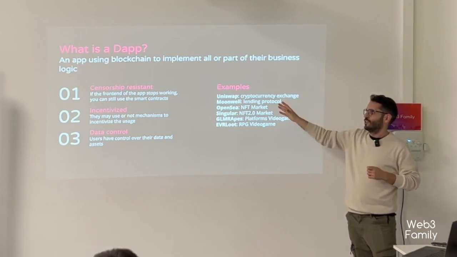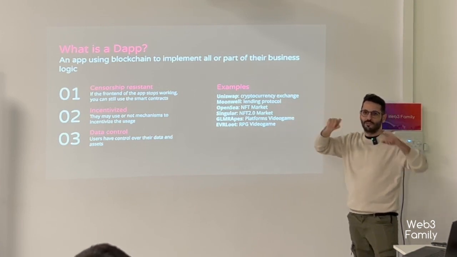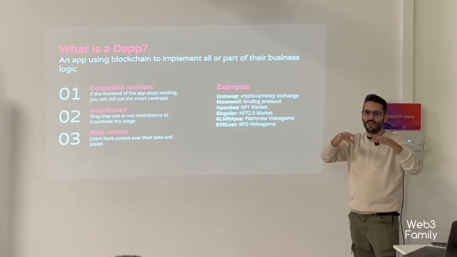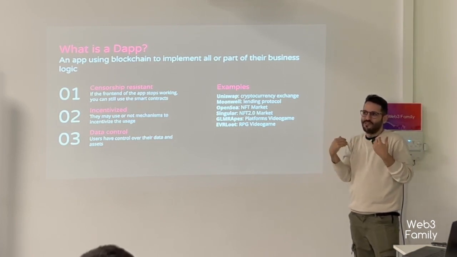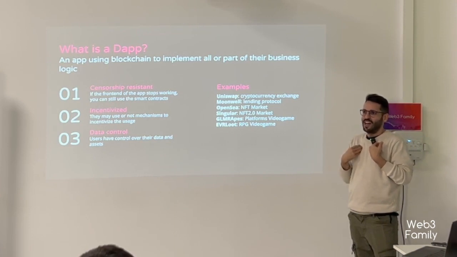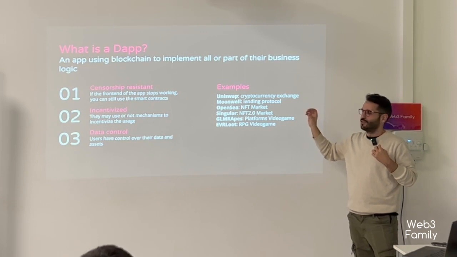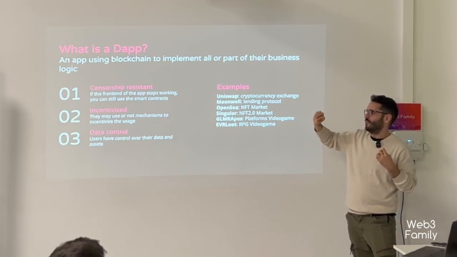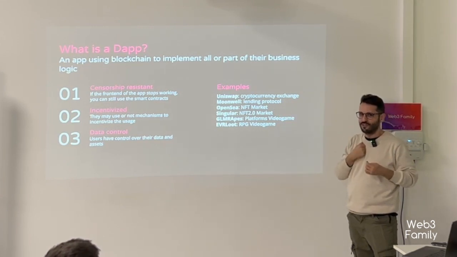So, for example, what happens with this kind of application? If the front end fails, you go to the website www.ismael.com, and I have an app that is super fun, but it's on the Ethereum virtual machine. If the front end fails, you can use the smart contracts and build your own front end.